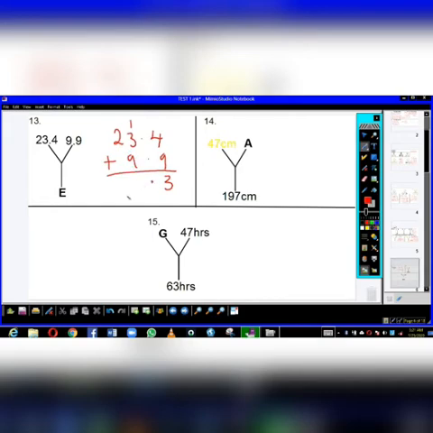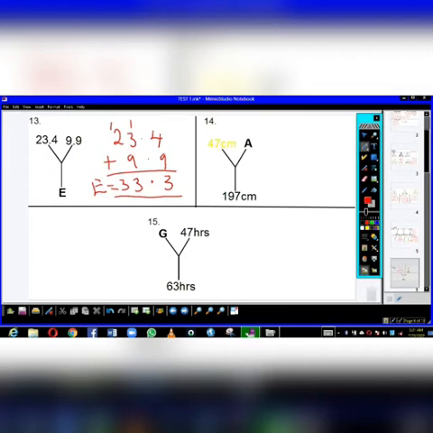Don't forget to place your decimal. You write 3 whole number and you carry 1. 1 plus 2 will give you 3. So the value of E is equals to 33.3.